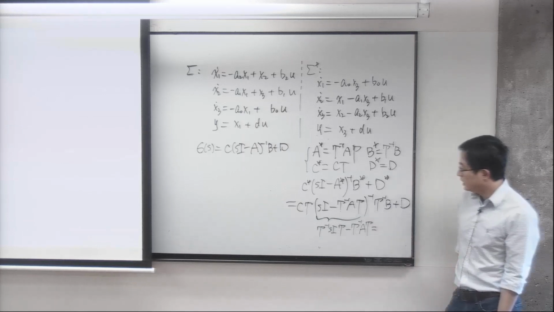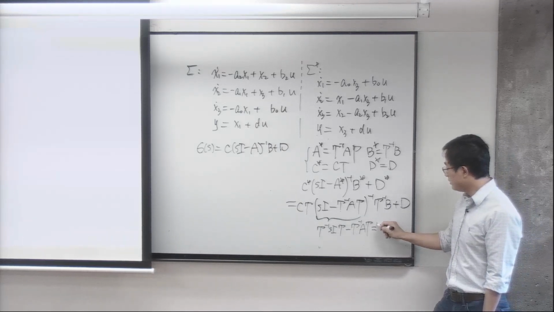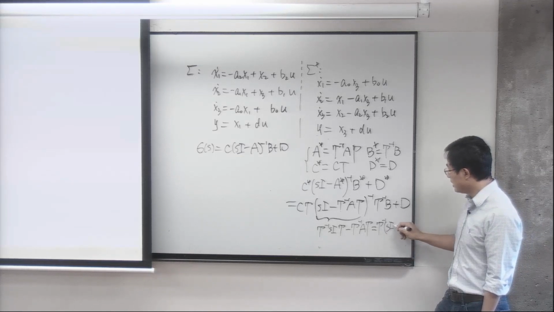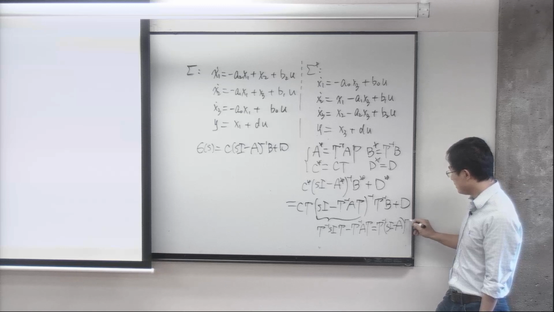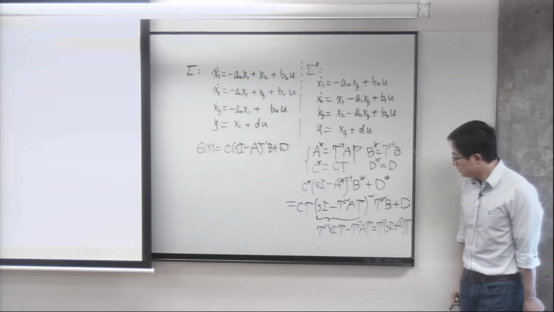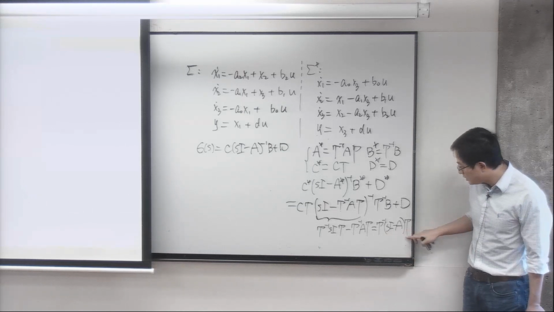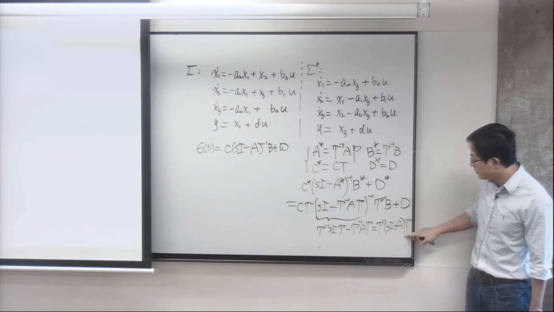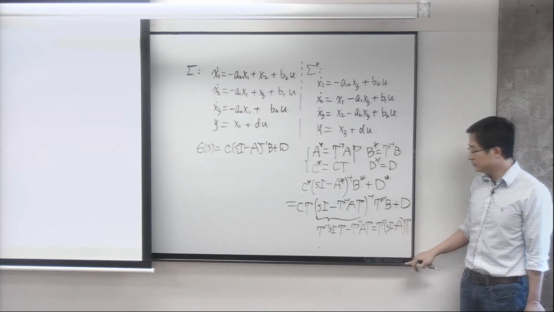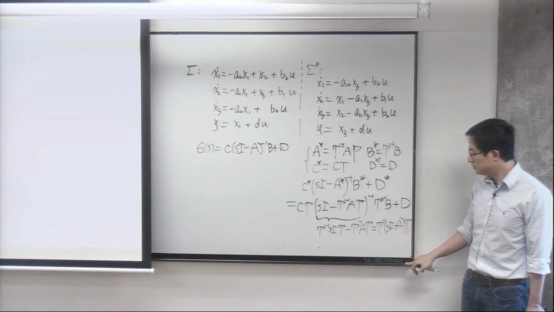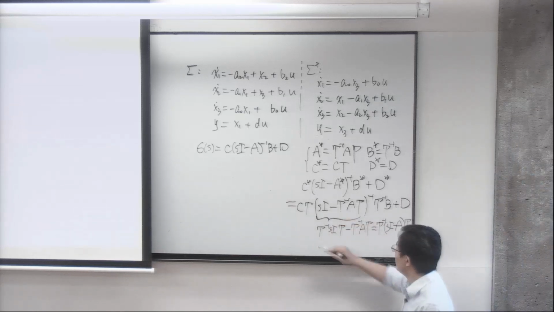So I can take out T inverse, and then (sI minus A) T. Any questions so far? Now, if we do the inverse on the entire thing, what do we get? So the whole item getting an inverse.